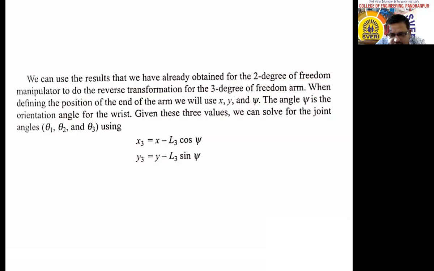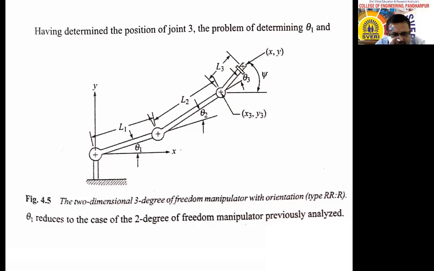Given these 3 values, we can solve for the joint angles theta 1, theta 2 and theta 3 using x3 is equal to x minus L3 cos psi, y3 is equal to y minus L3 sin psi. Now this is the diagram. Having determined the position of joint 3, the problem of determining theta 1 and theta 2 reduces to the 2 degree of freedom manipulator previously analyzed.